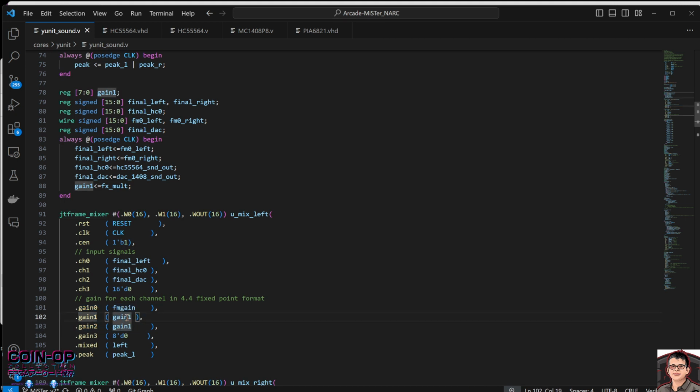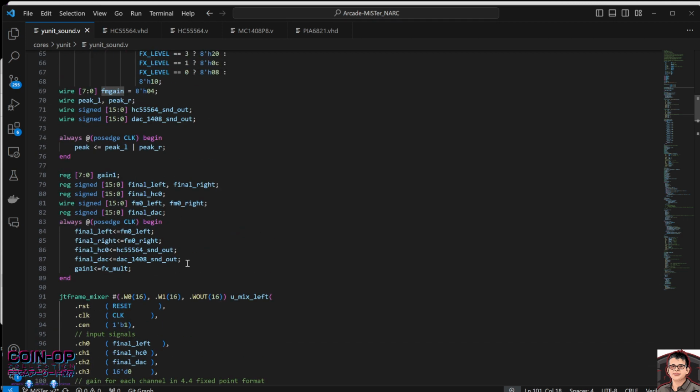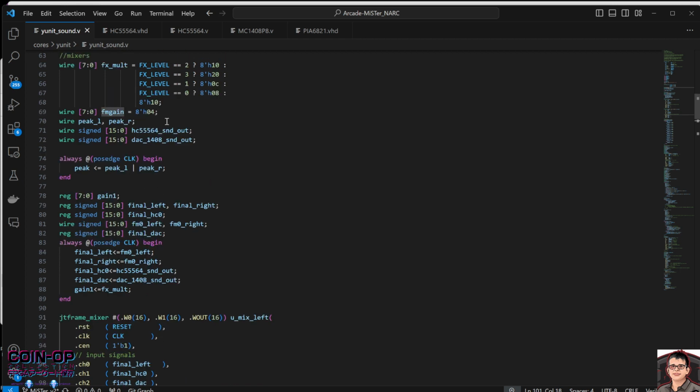And for the moment, I'm just using the booster for the voice and the instruments. I use a standard one for the synth. So it's FM gain right here, which is 4. I don't know, I've just used this for now.